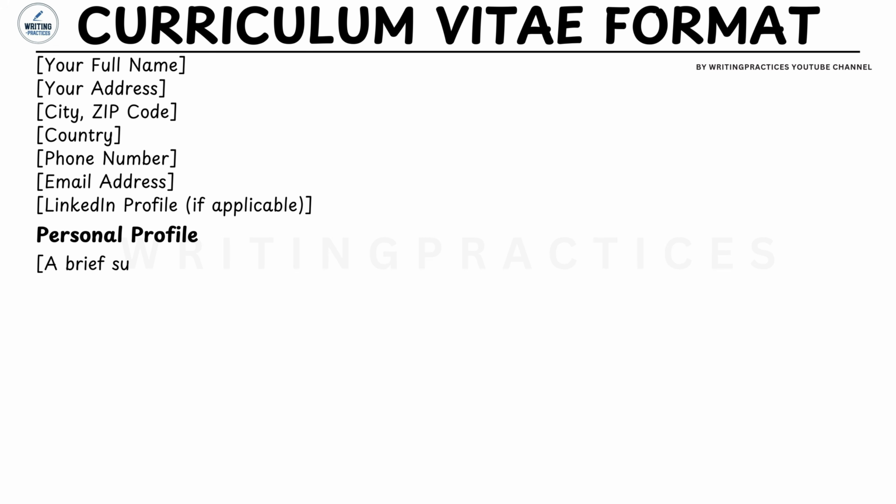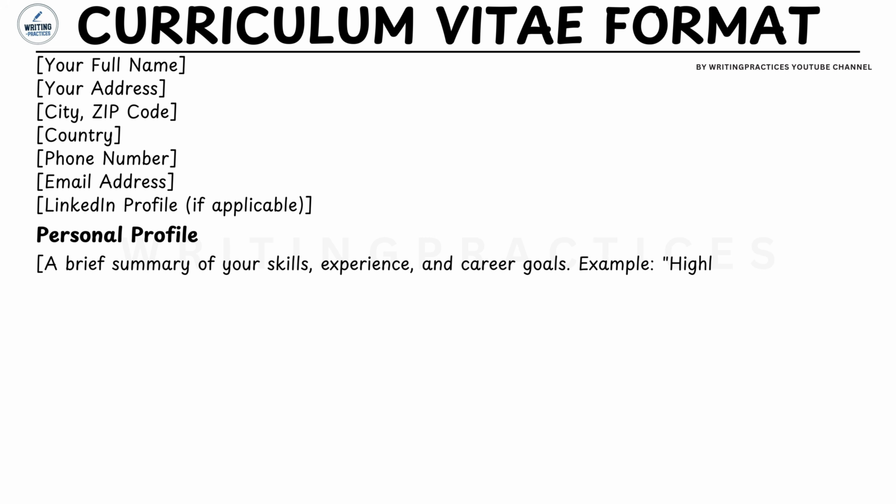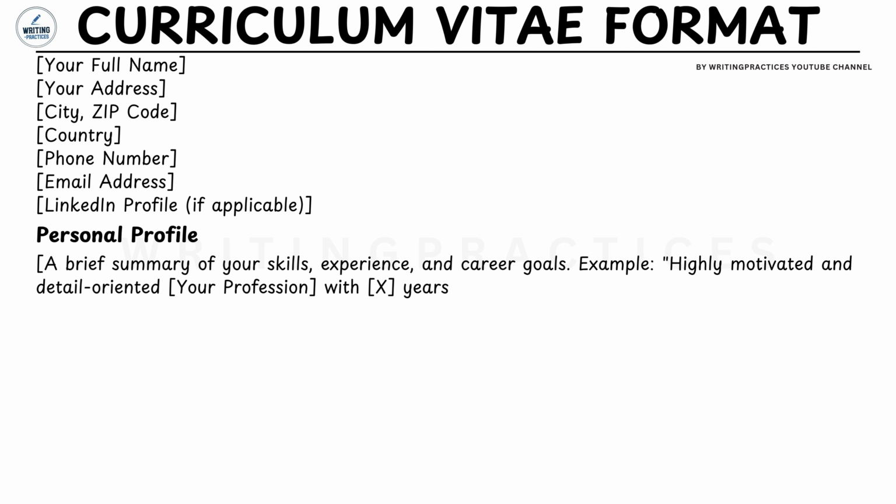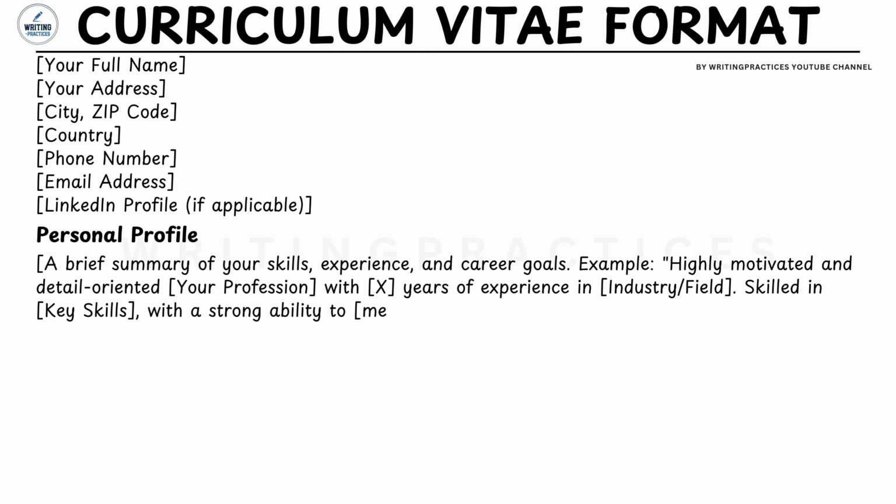Personal profile, your professional summary. Next is the personal profile, a short paragraph that summarizes your background, skills, and career goals. This section should be brief yet impactful, giving the reader a quick understanding of your qualifications. For example, if you're an experienced marketing professional, you might write, highly motivated and detail-oriented marketing specialist with 5 years of experience in digital strategy and brand management.